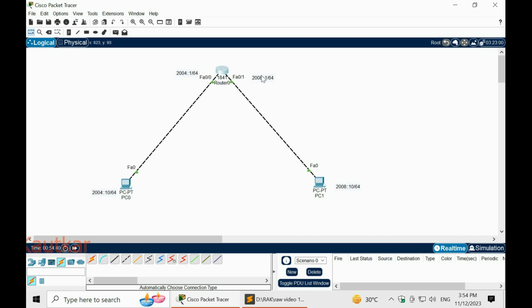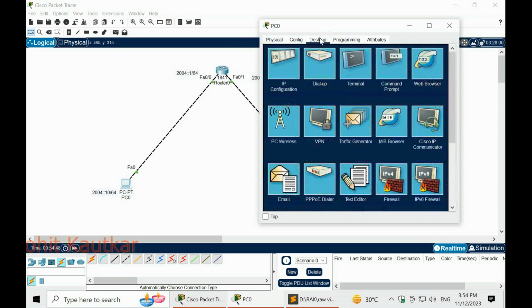Now friends, this is time to configure now both of these hosts. So click on this first host and go to desktop IP configuration.